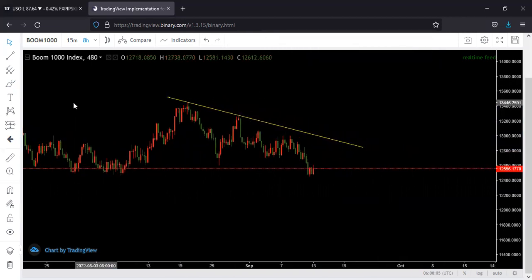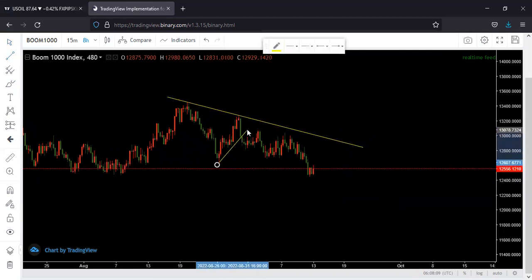So this is a correction move. Let me try to draw it with my trend line here. It was a correction here. So it was an impulsive move to the downside, then a correction, then an impulsive move.